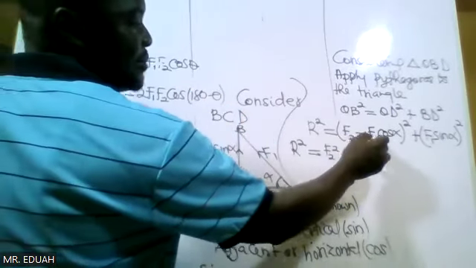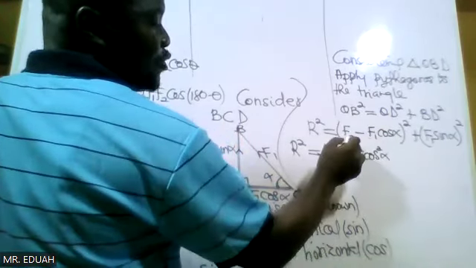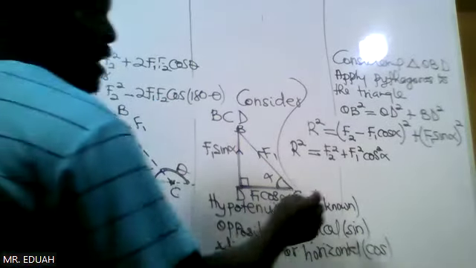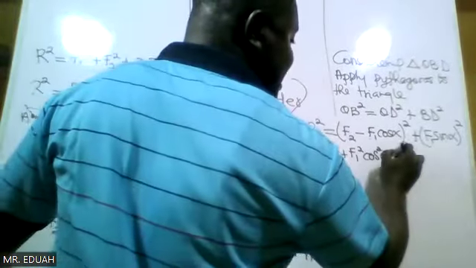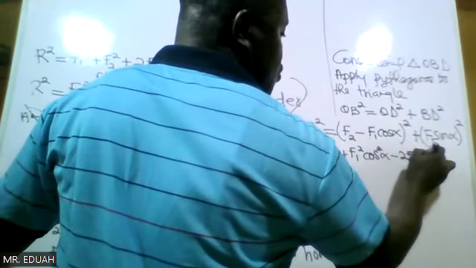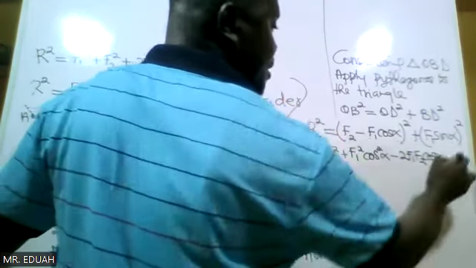Then F2 times negative F1 cos alpha, whatever you get, you multiply by 2, and that will be minus 2F1 F2 cos alpha.